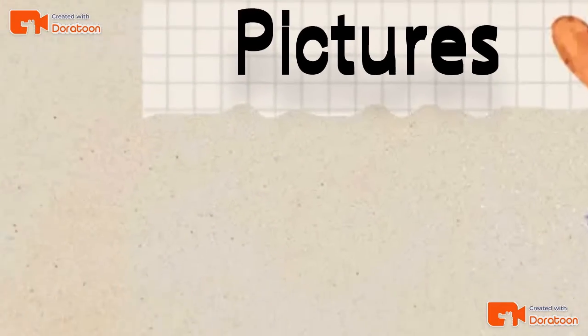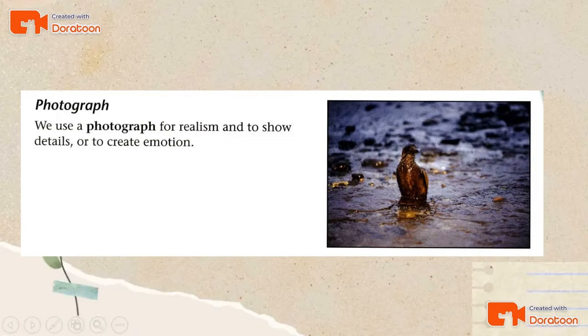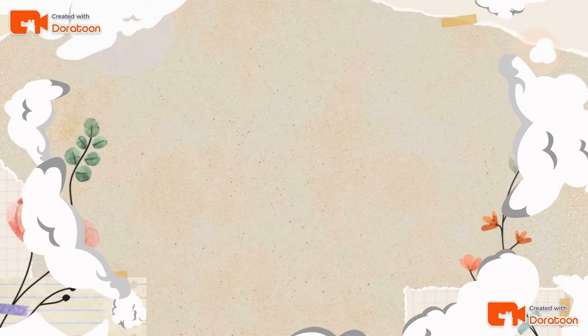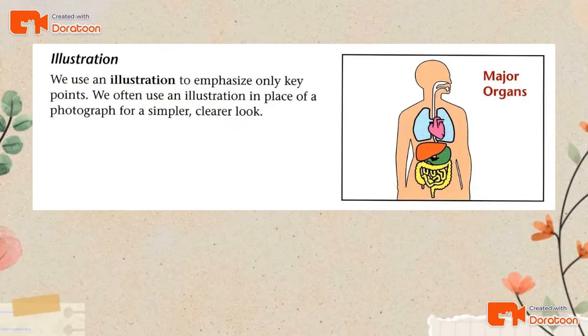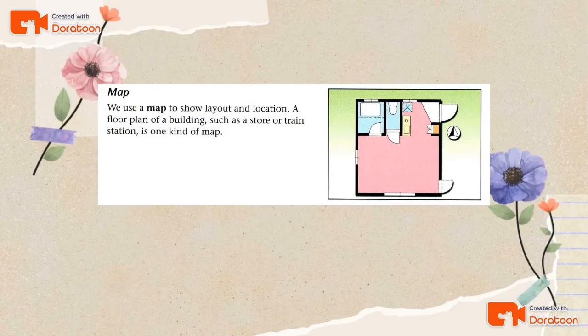And pictures. Photograph. We use a photograph for realism and to show detail. And next, illustration. We use an illustration to emphasize only key points. And the next is map.